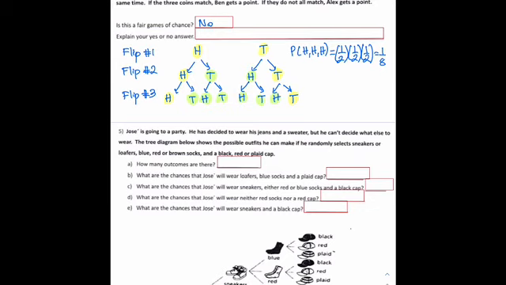And then the probability of tails will give us the same idea: 1/2, 1/2, 1/2, which is 1/8 again.